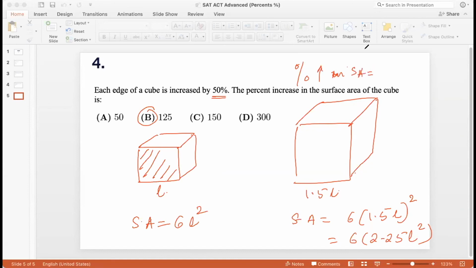That will be 6 times 2.25 L squared minus 6L squared divided by 6L squared multiplied by 100, because it's final minus initial by initial. So the 6's and the L squared will cancel. So it will be 1.25 into 100. So that's 125%. So the increase in the surface area would be 125%.